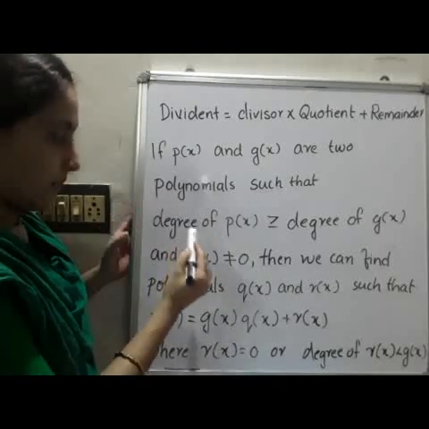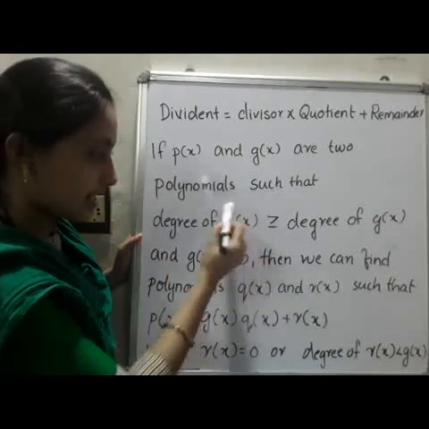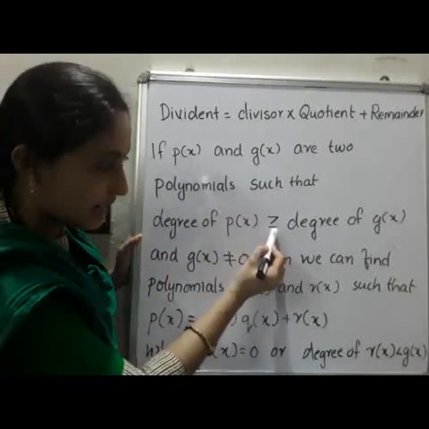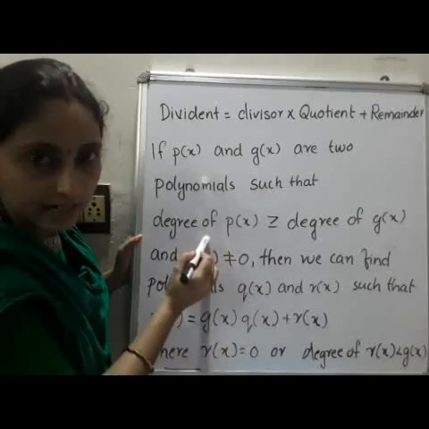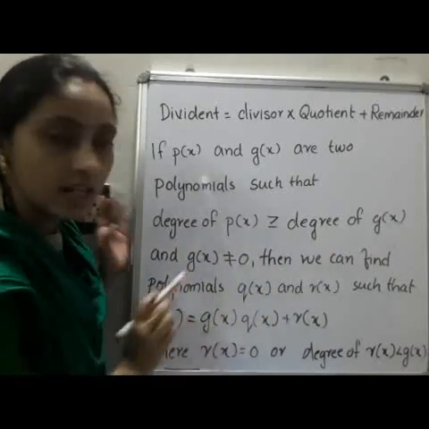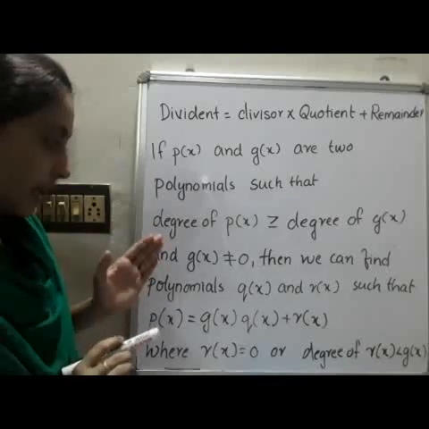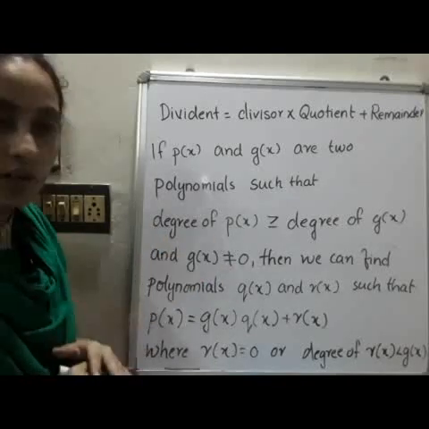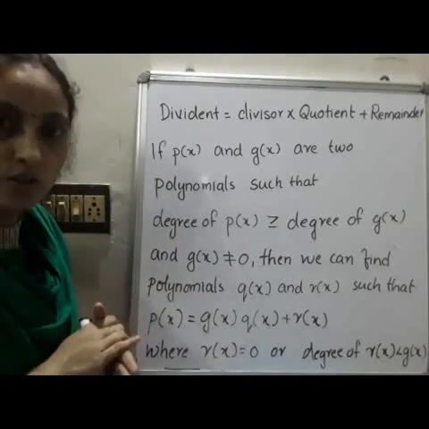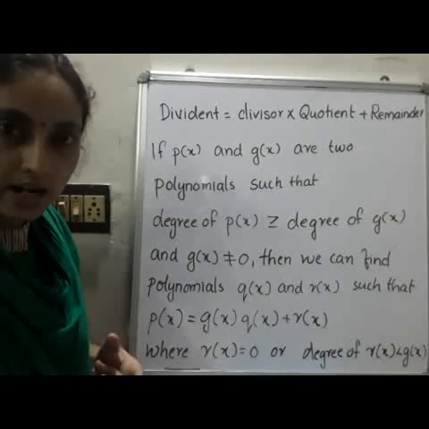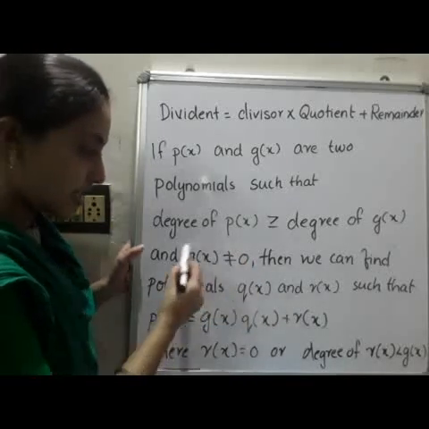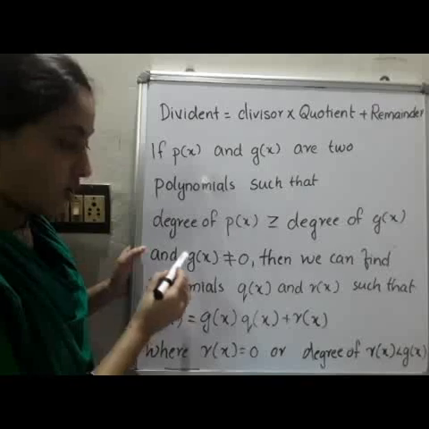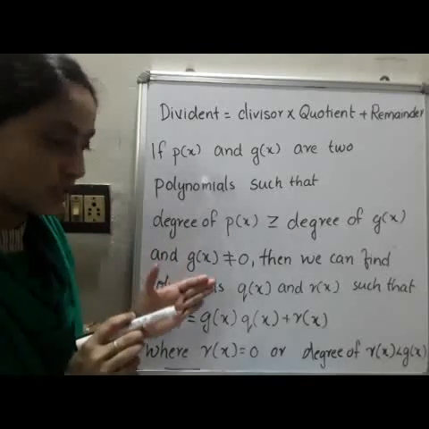Dividend. That is written here: the degree of p of x, that is the degree of the dividend, should be greater than or equal to the degree of the divisor. And g of x not equal to 0. That means divisor cannot be equal to 0. If it is 0, can we divide? No. So the condition is that the divisor g of x is not equal to 0.